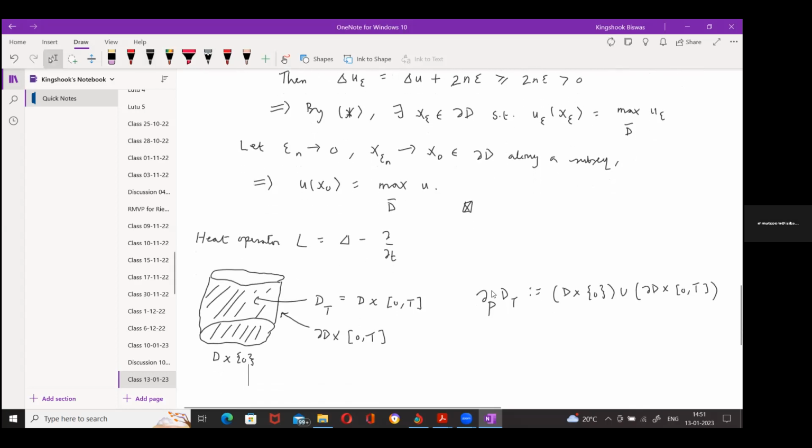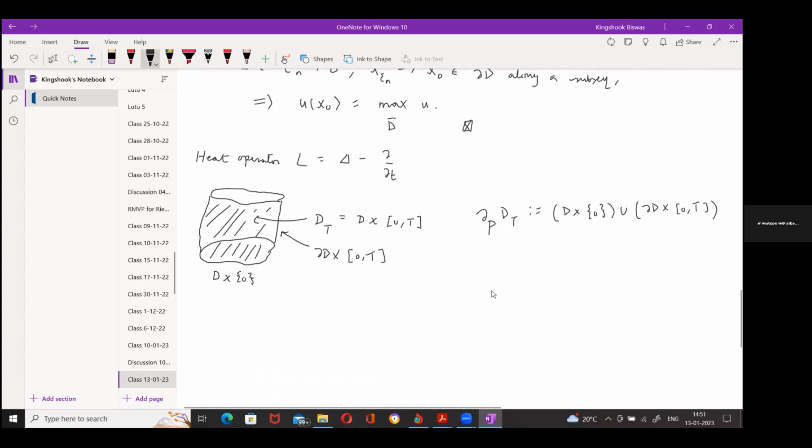And then we have this maximum principle for the heat operator. Suppose now u is what's called a C2,1 function on D cross (0,T).